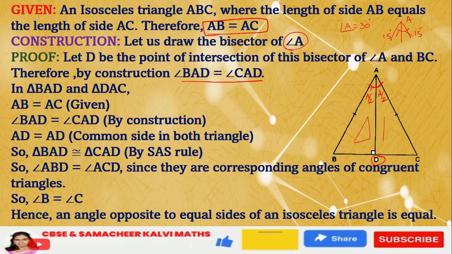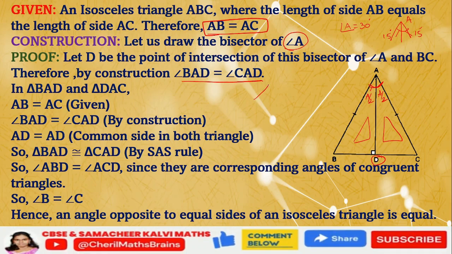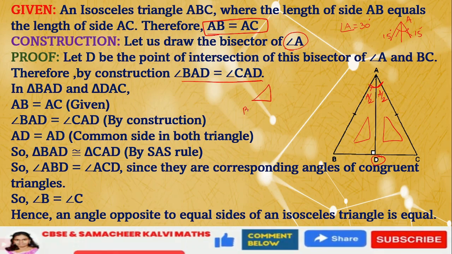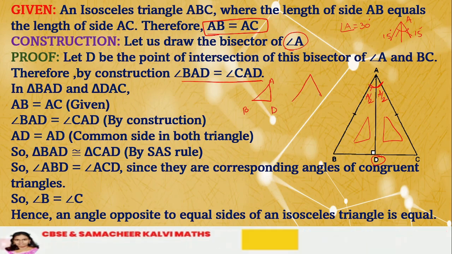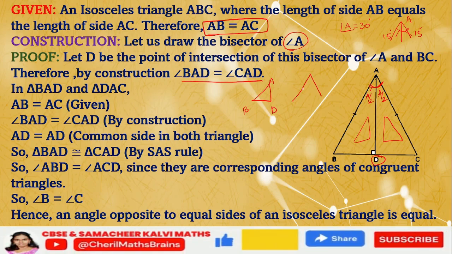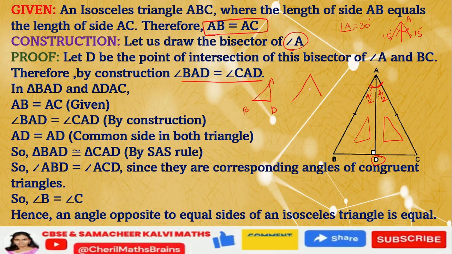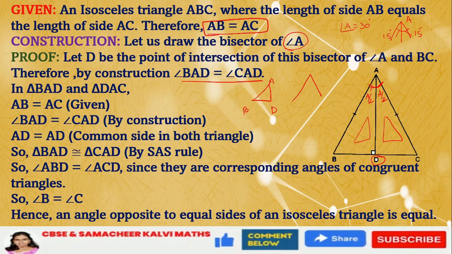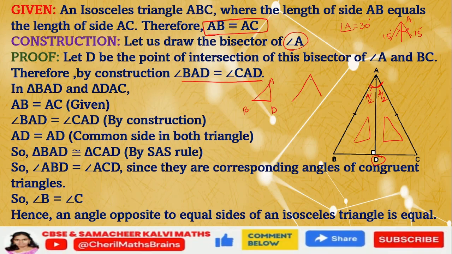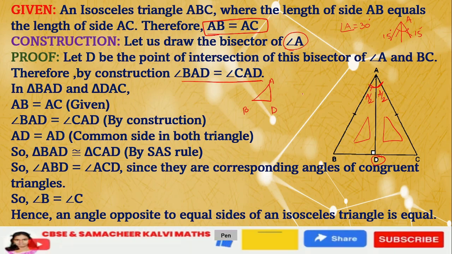This triangle and this triangle. Now we'll draw it: B, A and D. Again D, A, C. So again I am going to consider the triangle DAC. If you look at DAC here, you are going to have the right angle at point D. Is it clear, children?